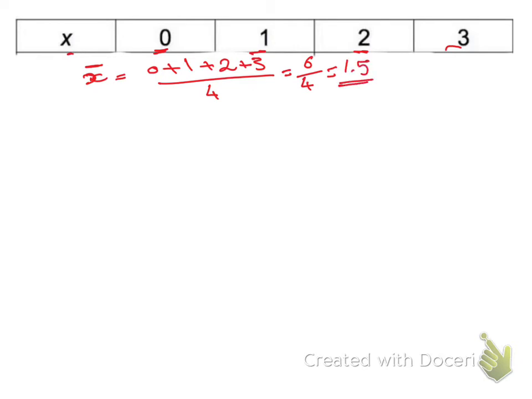This will be my mean, the x bar. If this is the population, we call it mu. If it is a sample, we call it x bar.